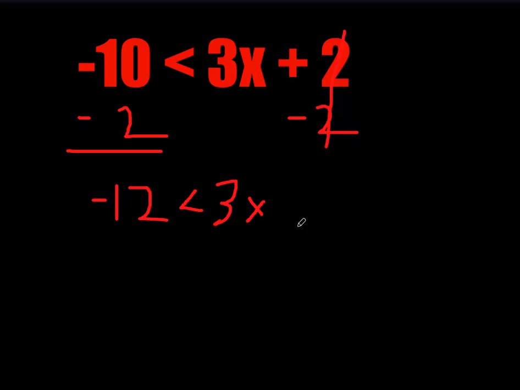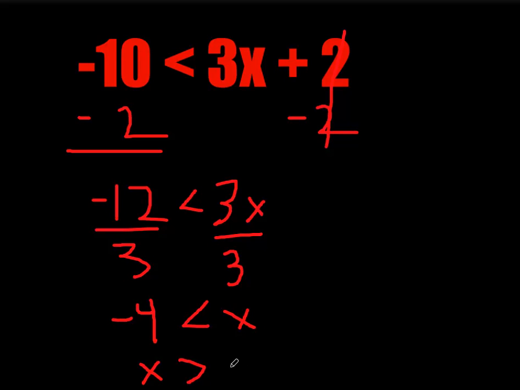Now we have to get this x by itself still, so the inverse operation of 3 times x would be divide, and you end up with negative 4 less than x. And if you want to, you could flip it around, so x is greater than negative 4. These really mean the same thing.